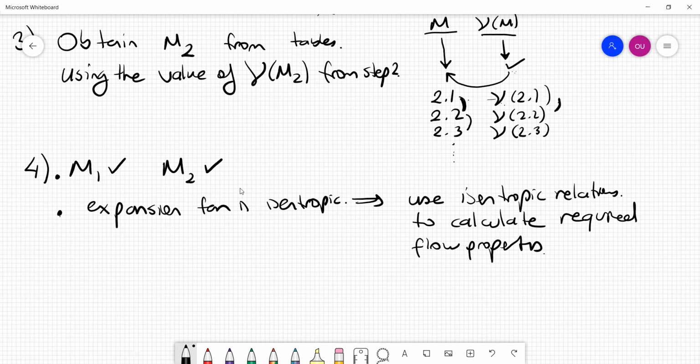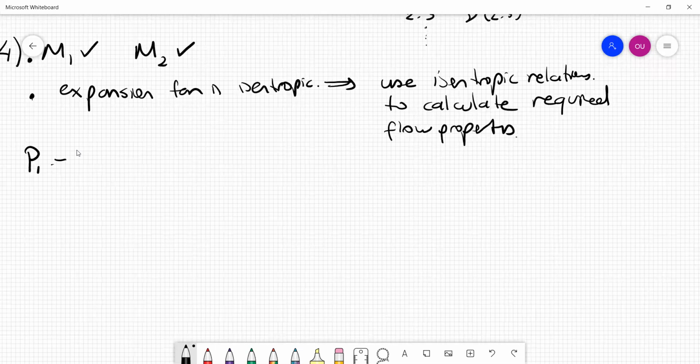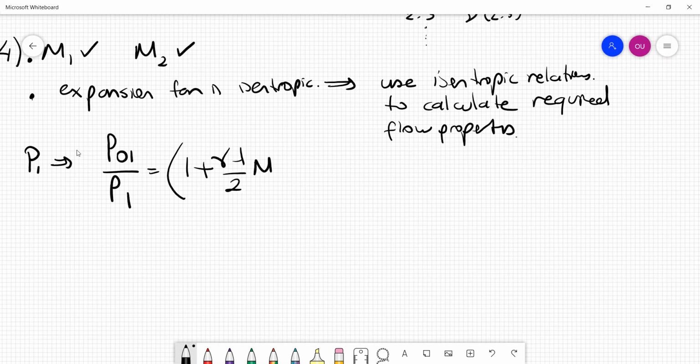for example, if the free stream static pressure is given, let's say P1 is given, using the isentropic relation P01 divided by P1 is equal to 1 plus gamma minus 1 over 2 M1 squared to the power gamma over gamma minus 1. If P1 is given, I can calculate P01 here. But since the expansion fan is an isentropic process, P01 will be equal to P02.